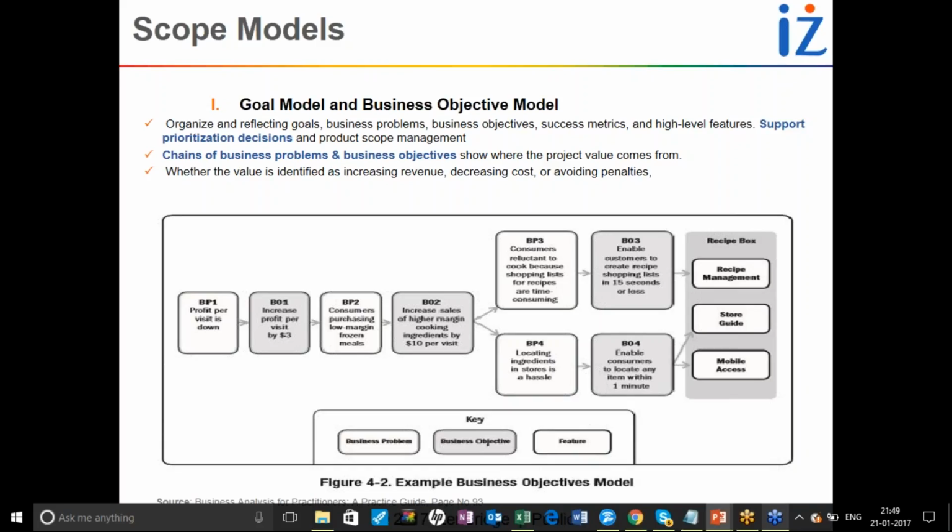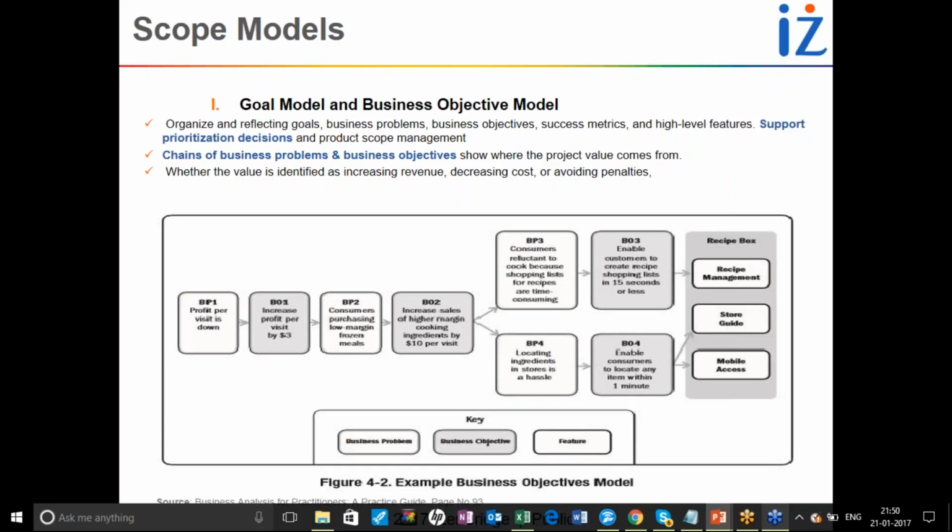Visitors are coming to your website, but profit per visit is not there. So what is the objective to solve this problem? You need to increase profit per visit by $3. That is the objective. Now, to increase the profit per visit by $3, you need to see that consumers purchase.